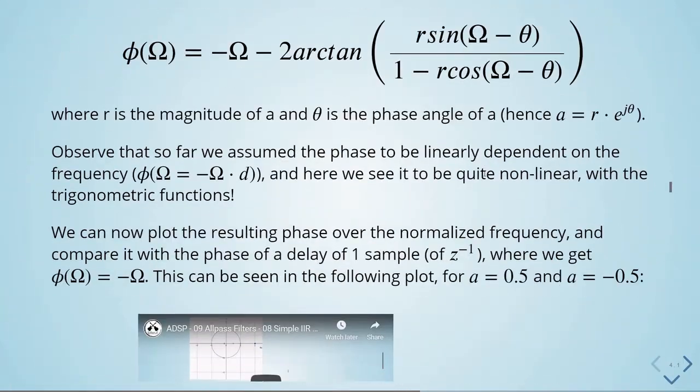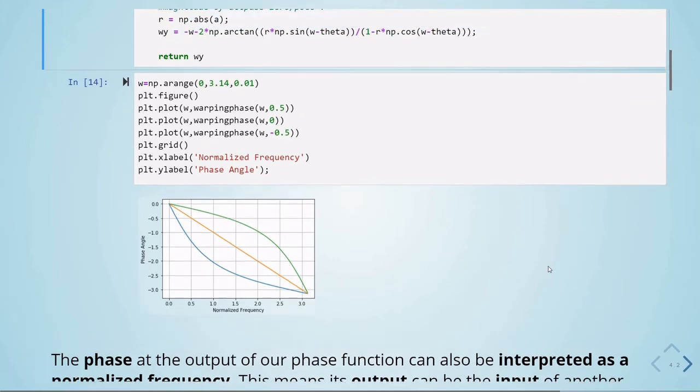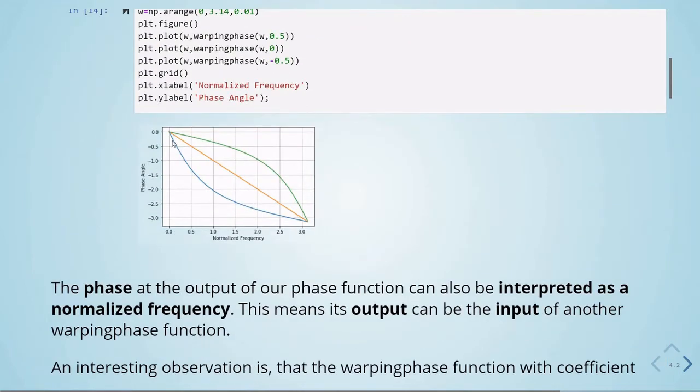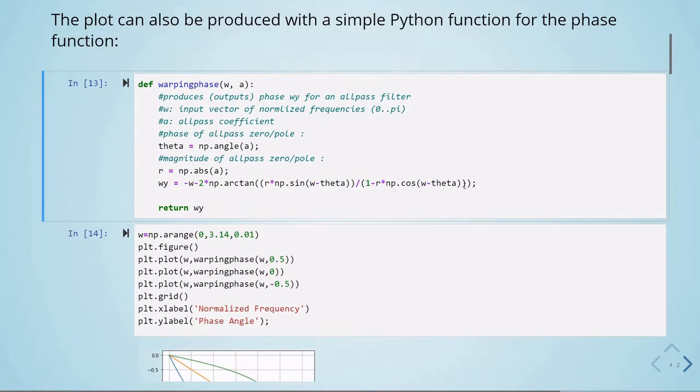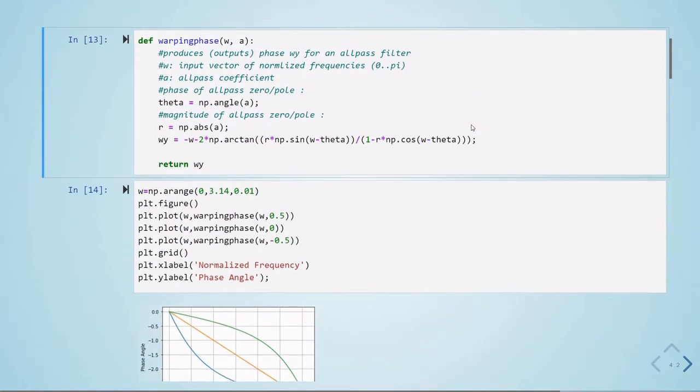So when we take a look here again at this plot, here we see the blue curve, that's the curve for a equals 0.5, and we note there is a stretching of the low frequency range. Where the low frequency range is here, we see a small part of the low frequencies stretching over a wider phase range than the other curves.